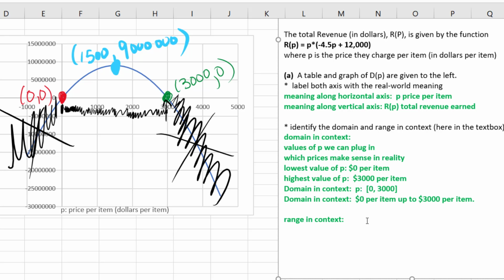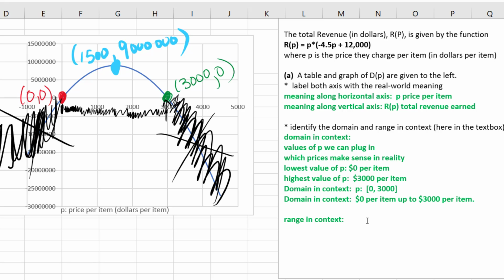Next, let's think about the range. The range is the set of output values that make sense in context, the Y values that make sense in context. So we have already decided that we can't plug in P values below P equals 0. We can't plug in P's above 3,000. So what Y values do we get out?